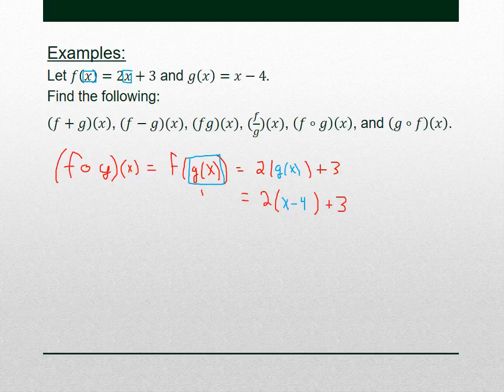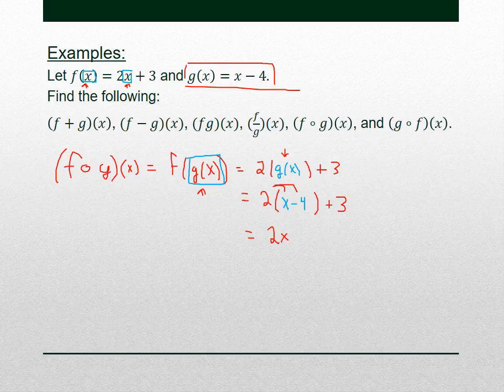All right, so it's 2 times g of x plus 3. And now what is g of x? Well, g of x is x minus 4, so this is 2 times x minus 4 instead of a g of x.